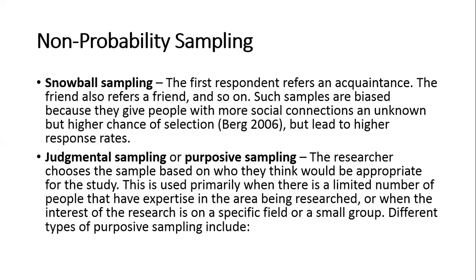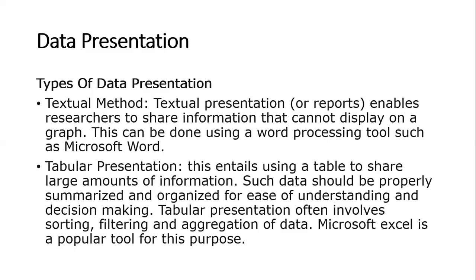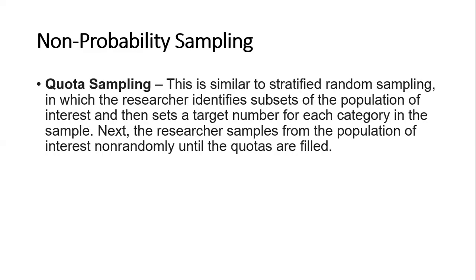This is used primarily when there is a limited number of people that have expertise in the area being researched, or when the interest of the researcher is on a specific field or a small group. Different types of purposive sampling also exist. Like I said, these are not very important compared to random sampling, so there's no point going deeper.